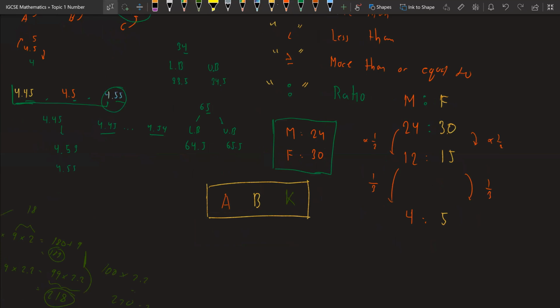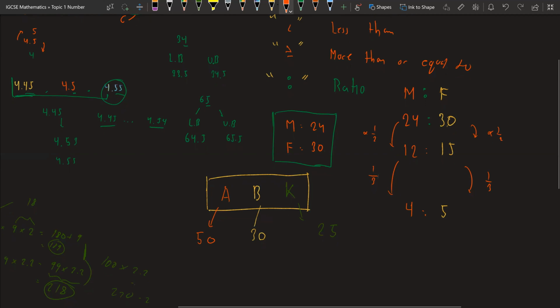The number of kiwi is, let's say, 25, they got 30 for banana, and they have, let's say, 50 for apples.